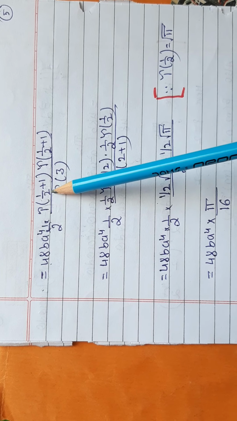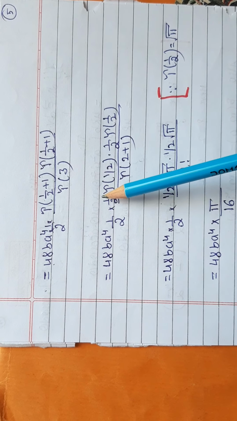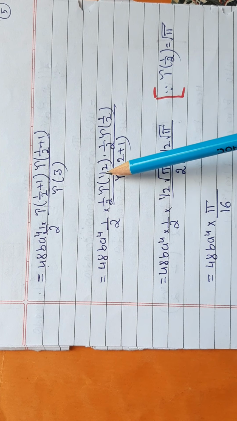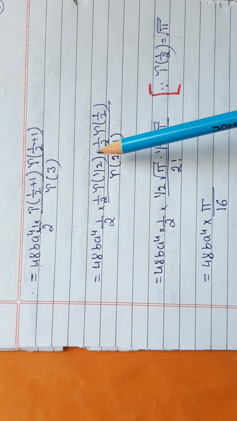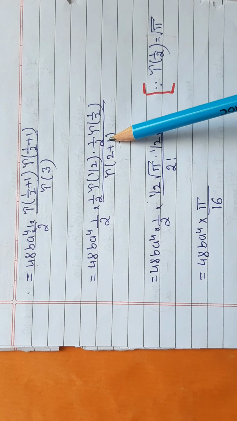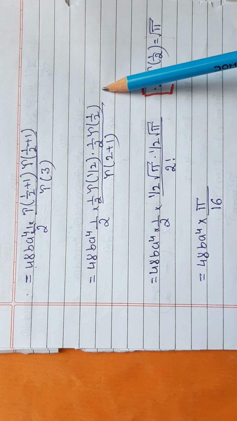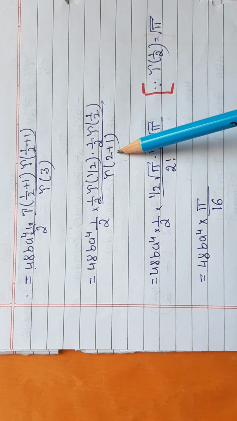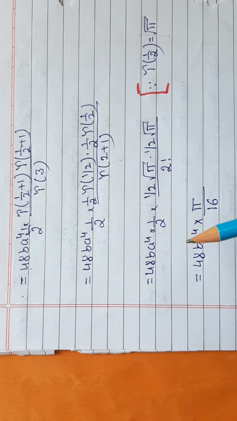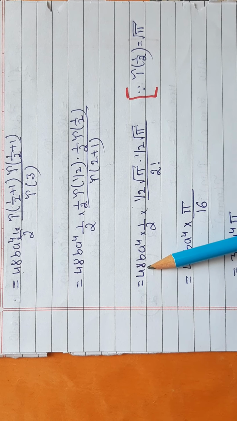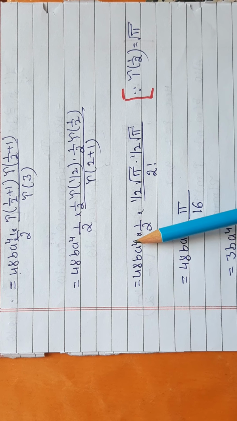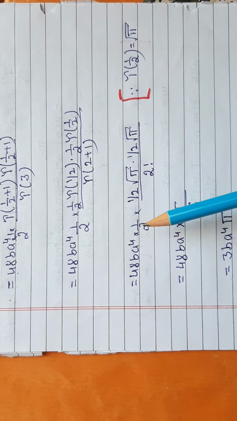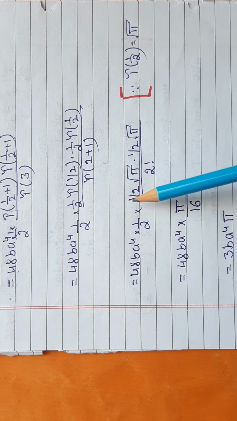Here n is 1 by 2, that is 1 by 2 into gamma of 1 by 2, into 1 by 2 gamma of 1 by 2. Gamma of 3 can be written as gamma of 2 plus 1, which is equal to 48b a to the power 4 into 1 by 2 into 1 by 2.